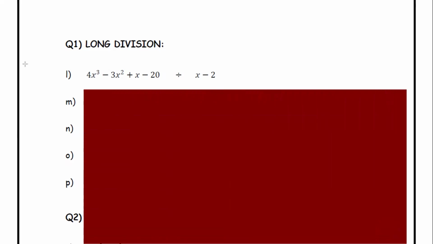So what do you do in regular division? You write down the divisor, which is x minus 2, and the dividend, which is 4x cubed minus 3x squared plus x and minus 20.